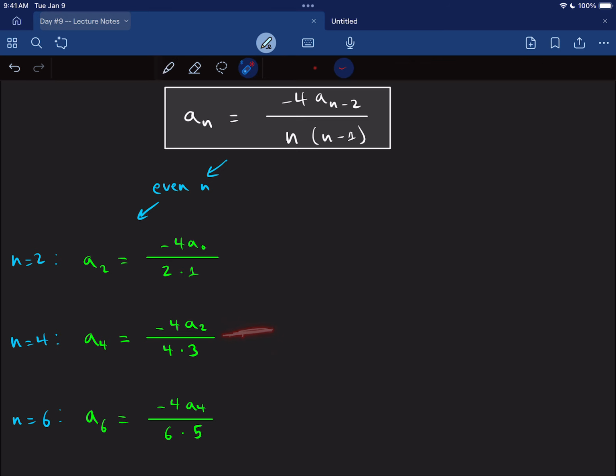Now let's look at the a4 equation. I have a formula for a2. A2 is equal to this. So I'm going to take this and plug it in right in there. So I will end up having the first negative 4, then the negative 4 that comes from a2. And now I'm going to bring this in next to it.